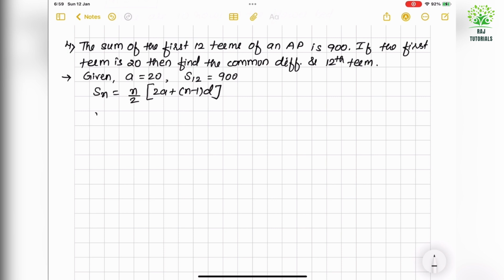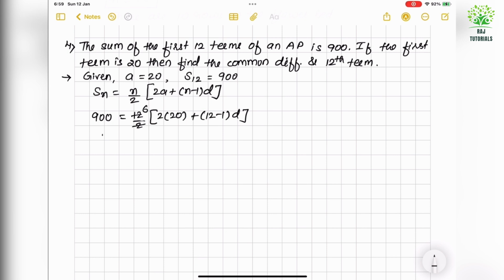So 900 equal to n upon 2 into 2 into 20 plus n minus 1, n was 12. So here also I have to put 12. So this will be 6.